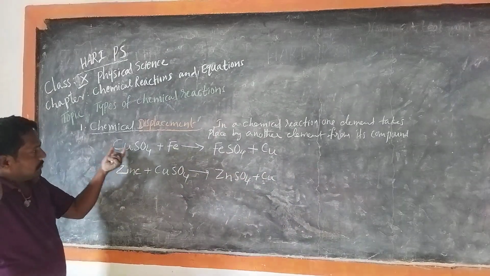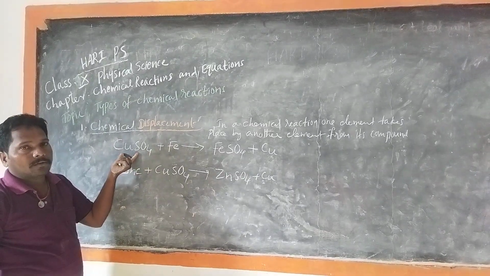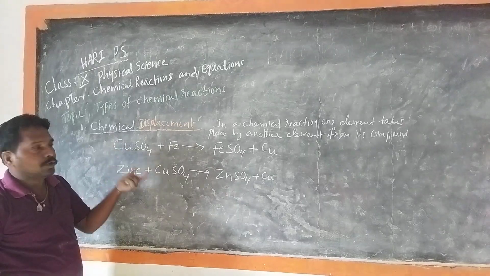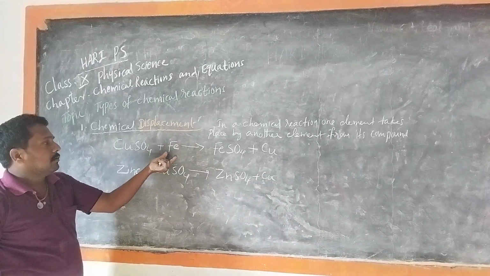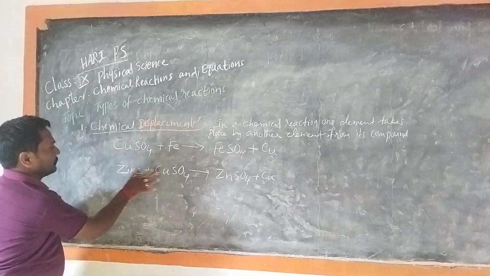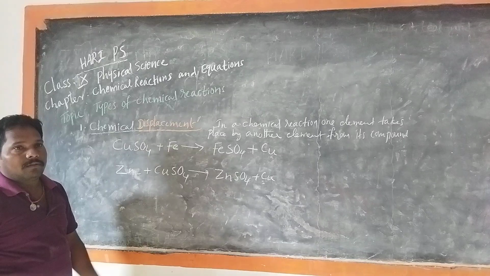Take two beakers, for example. In both beakers, dissolve copper sulfate to make copper sulfate aqueous solution. In one beaker add iron, and in the other beaker add a piece of zinc. Observe what happens in the reaction.